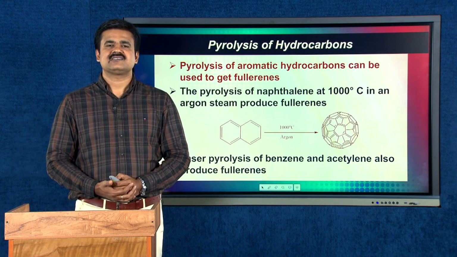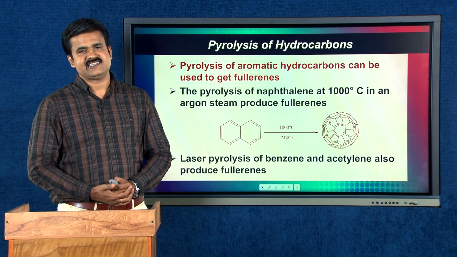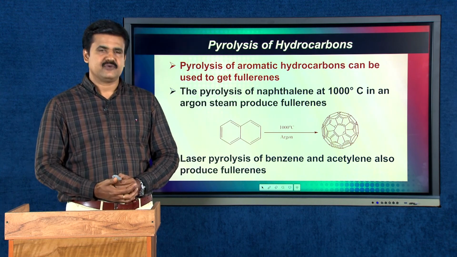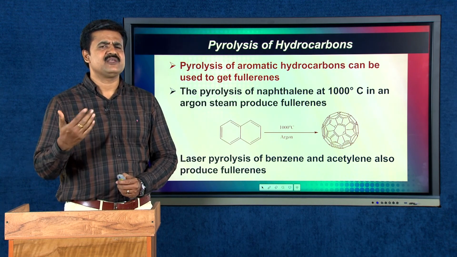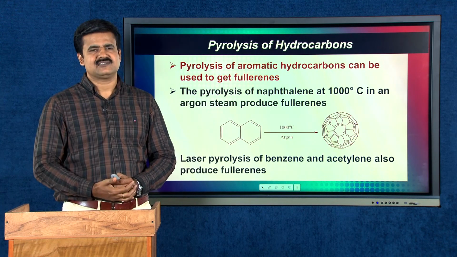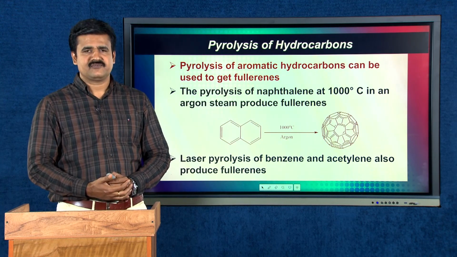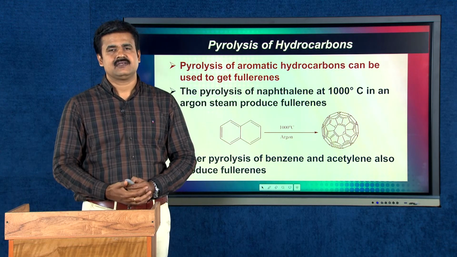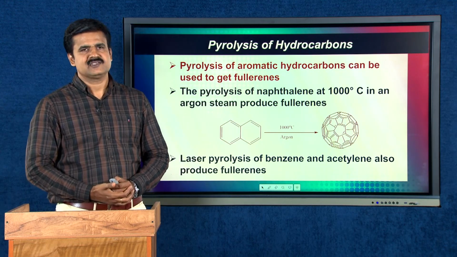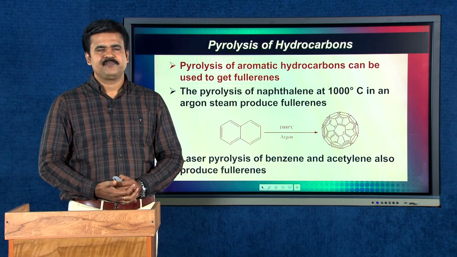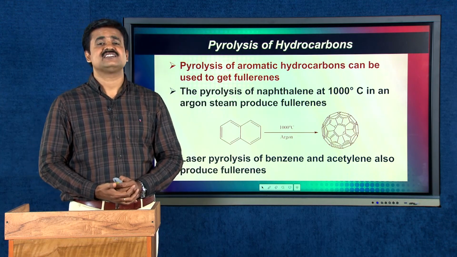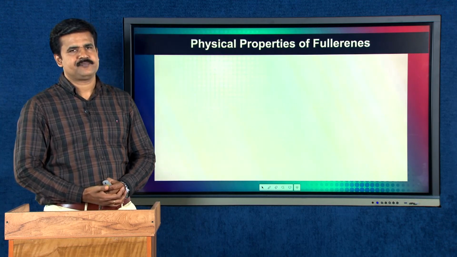Laser pyrolysis of benzene and acetylene also produces fullerene. The pyrolysis can be performed with the aid of a laser also. So, pyrolysis of hydrocarbon is the third common method for the generation of fullerenes.